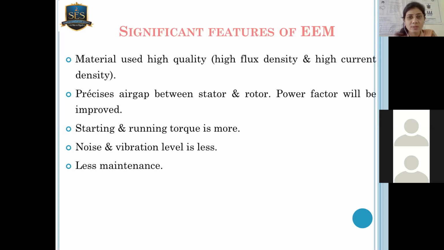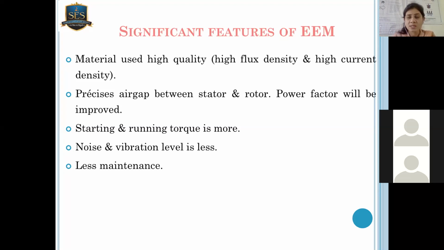Okay, so the material that we use, or the standards that we follow while designing, are highly standard, as defined by the authorized organizations in their norms and standards. So as per those standards, these motors are designed, and designed also from the energy conservation point of view. Therefore high quality material is used as well as all standards are followed while designing the motor.